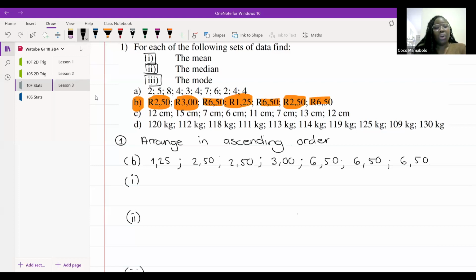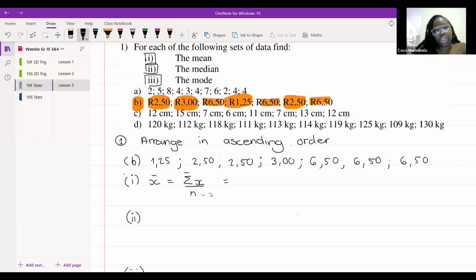All right. So remember, guys, when we calculate the mean, X bar is going to be the sum of all the X values over the number of values we have. Let me count how many values we have. 1, 2, 3, 4, 5, 6, 7 values. So my N will equal 7. And if I add all of this money up, how much do I get, guys?